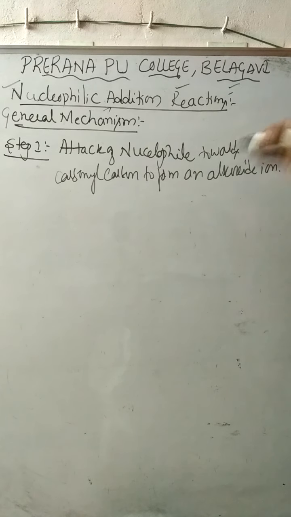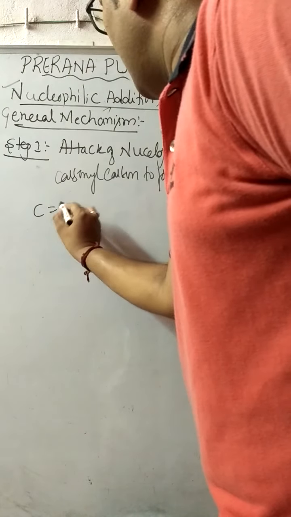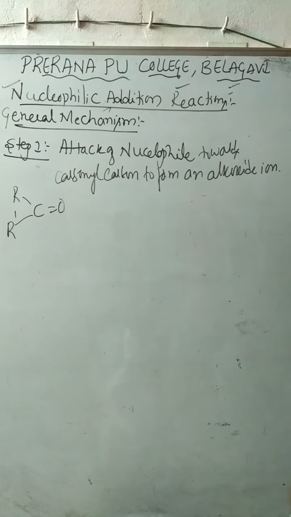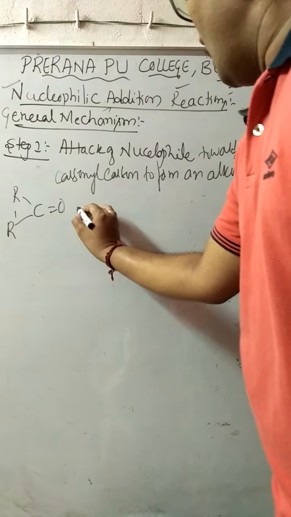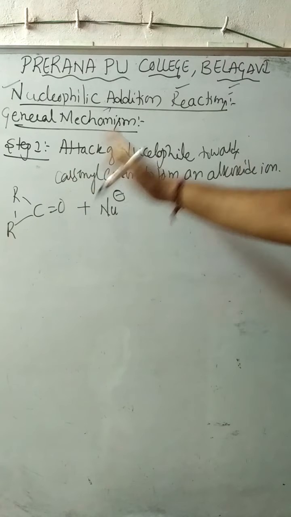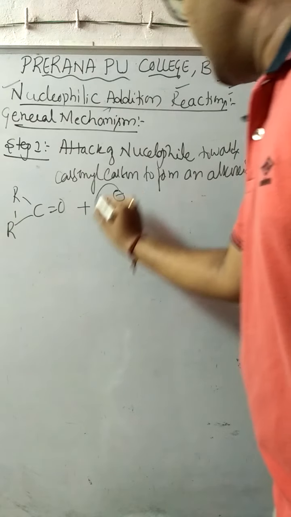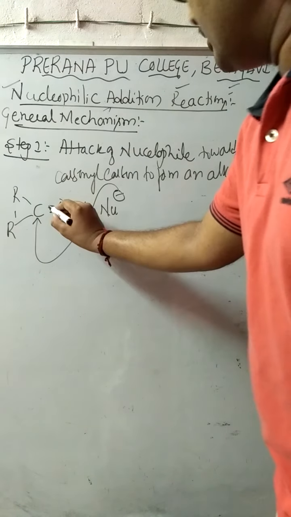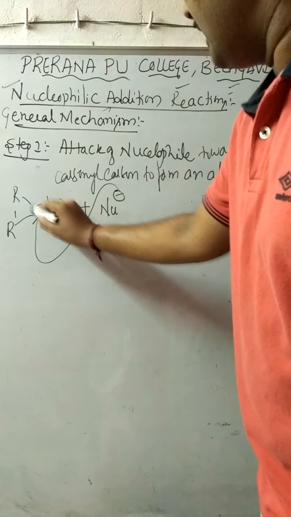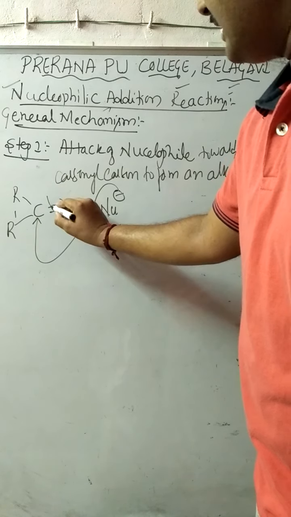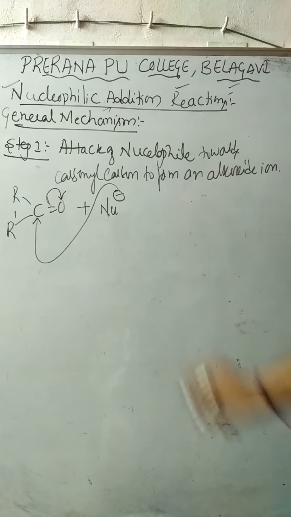So how does this reaction take place? Let us consider the general representation. Either this can be an aldehyde or it can be a ketone. When a nucleophile attacks the carbonyl carbon of either an aldehyde or a ketone, it attacks in a perpendicular direction. When the nucleophile attacks the carbon, the carbon becomes pentavalent and the extra electron density shifts onto oxygen.